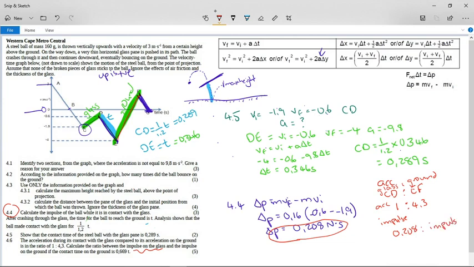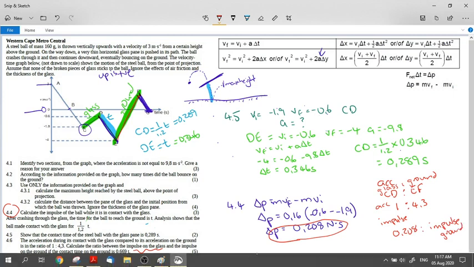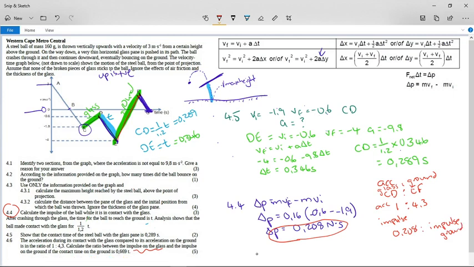So how do we calculate impulse on the ground? We actually have to have this formula over here, the change in velocity. But the problem is we have an initial velocity here where it hits the ground, -4, but we do not know what the final velocity is. So what we have to do is work out the acceleration on the ground.